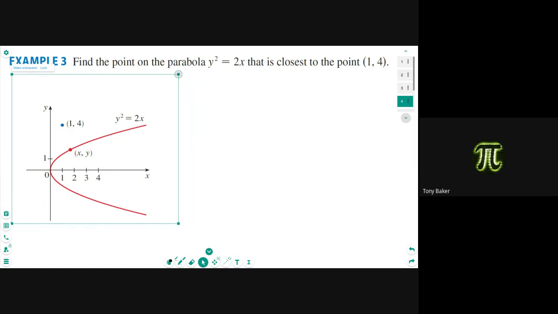We want to find the point on that arc that's closest to (1, 4). So which formula or equation are we going to be minimizing? The distance. Anybody remember what the distance formula is?